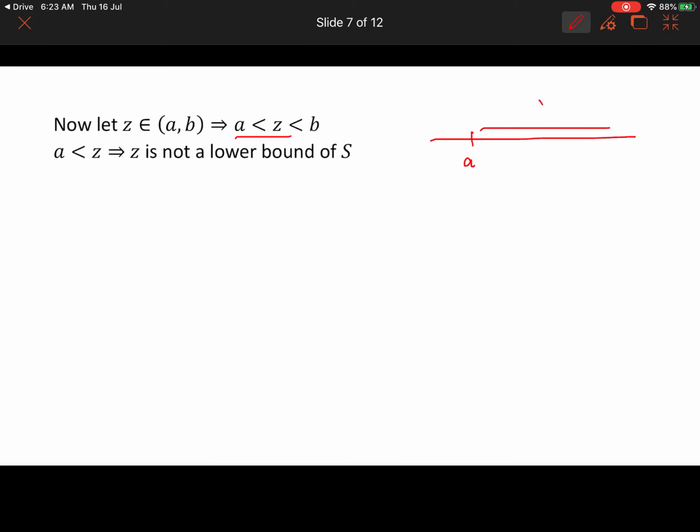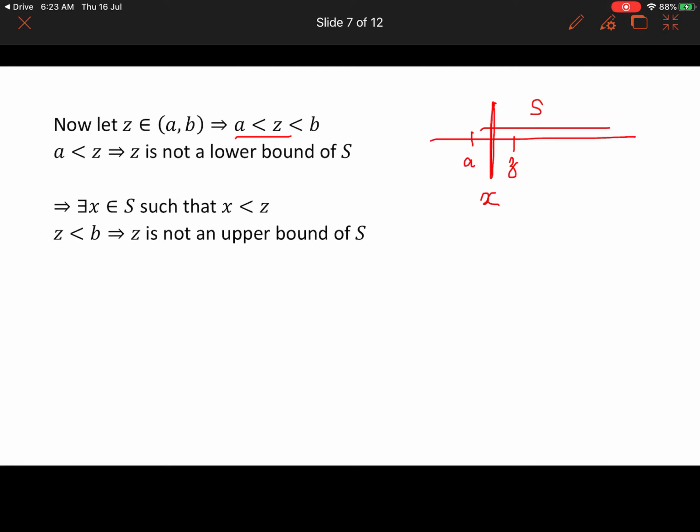A is the greatest lower bound of S. And here Z is greater than A. So Z is not a lower bound of S. Any lower bound of S will lie to the left of A. You take any lower bound of S, it will be less than A. Here Z is greater than A means Z is not a lower bound of S. If something is not a lower bound, then S contains some element here which is less than Z. So Z is not a lower bound of S implies there exists some X in S such that X less than Z.